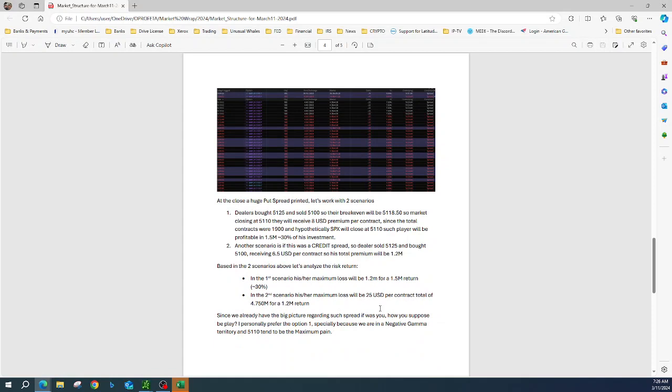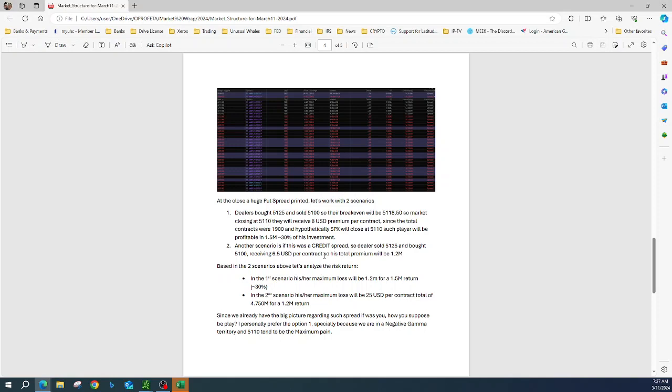Why? Because if the market closes below 5,100, he will lose $4.7 million, $25 per contract. So it looks to me like that was a debit spread. He paid for that, and he was looking for 5,110.